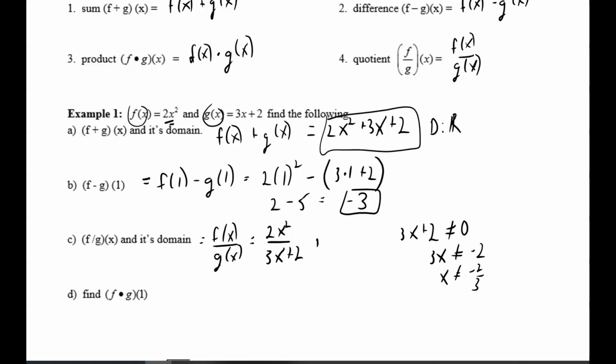So there's our domain restriction, and we can write this as the domain goes from negative infinity to negative 2/3 unioned with negative 2/3 to positive infinity. And that's the interval notation way of writing that. Sorry about going a little crooked there, but there you have it.